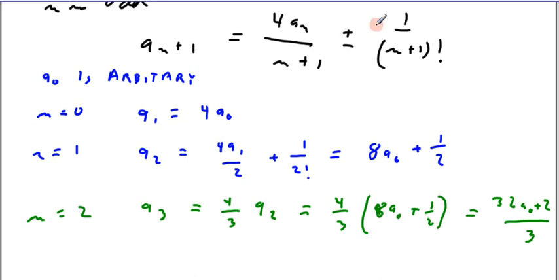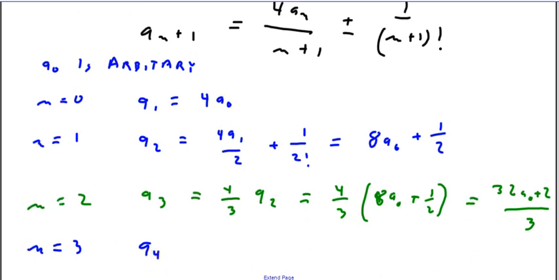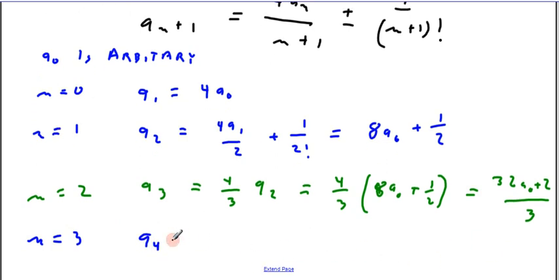Okay, now we're looking at n is equal to 3, which is odd, and I'm looking at A4. Okay, so A4 is going to be 4 A3 over 4 minus 1 over 4 factorial.